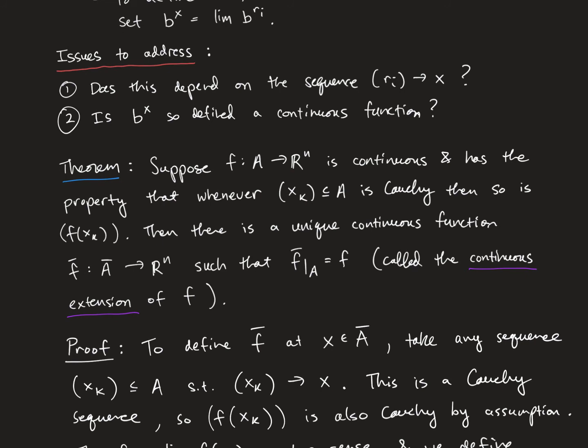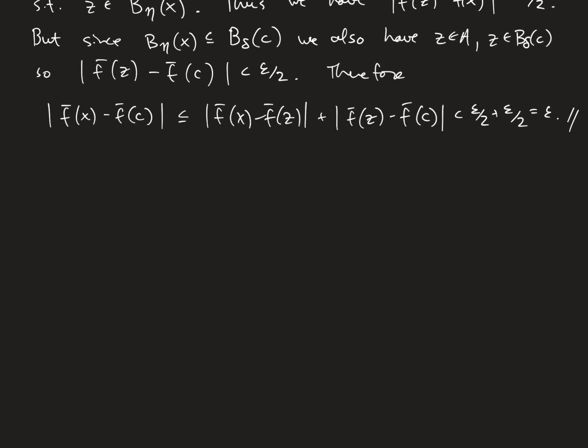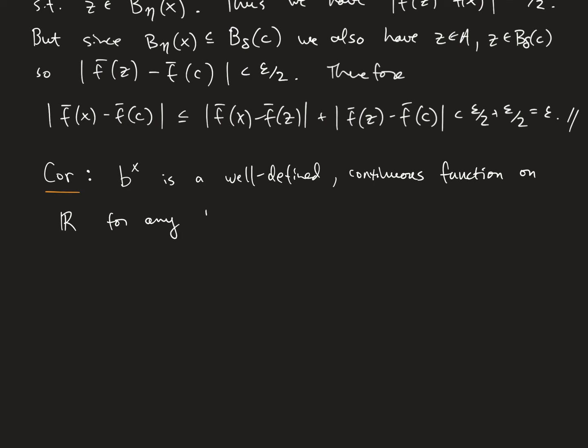So now, as a corollary, b to the x is a well-defined continuous function on R for any b greater than 0.